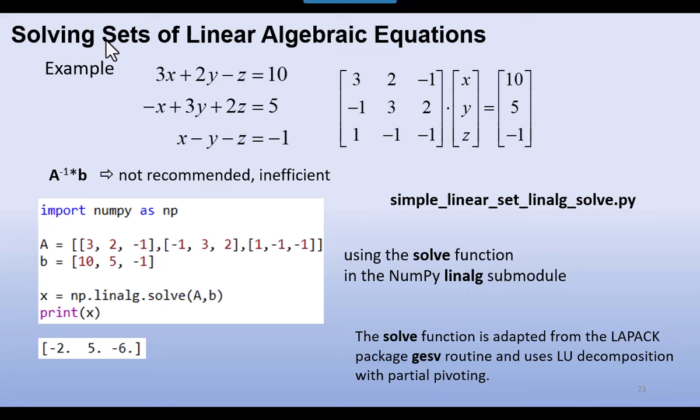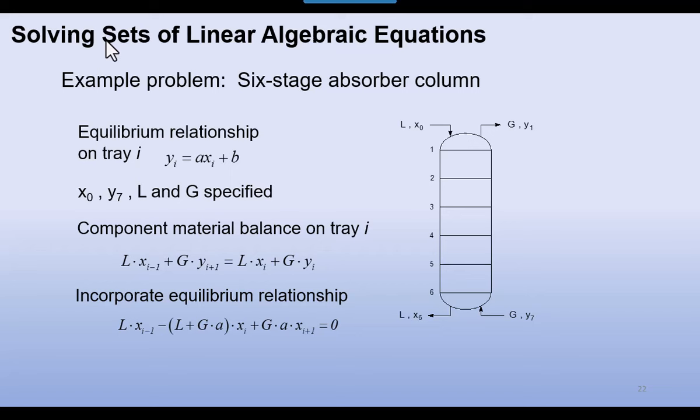And then I just note at the lower right that the solve function is adapted from a numerical method routine called GESV, and it uses LU decomposition with partial pivoting. And that's just some explanation of the numerical method that's used here. Okay? So that shows the solution of a set of linear equations which doesn't have any practical meaning. So let's move on and look at a simplified staged absorber column.